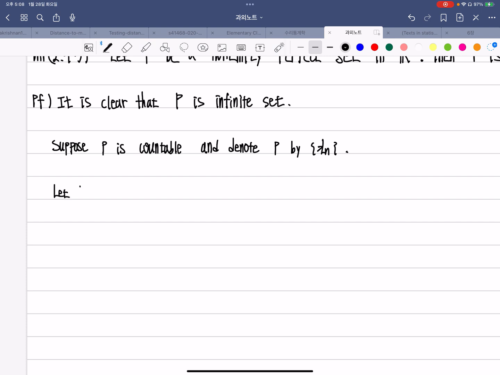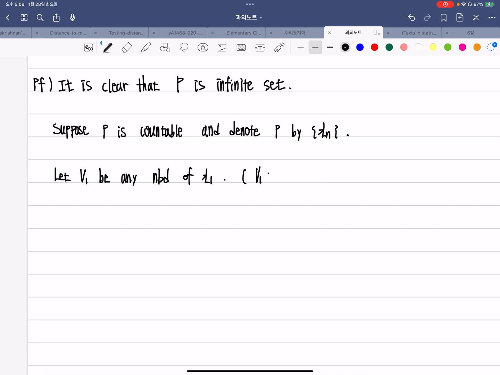Let V1 be any neighborhood of x1, such that V1 intersection P is not empty. Okay.